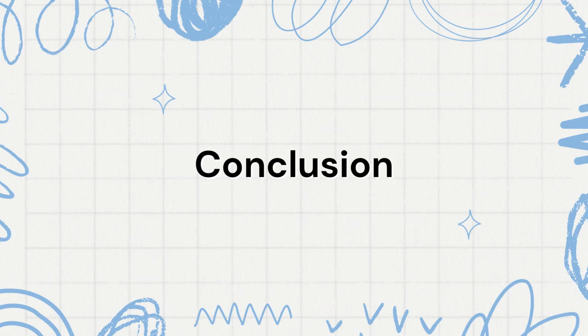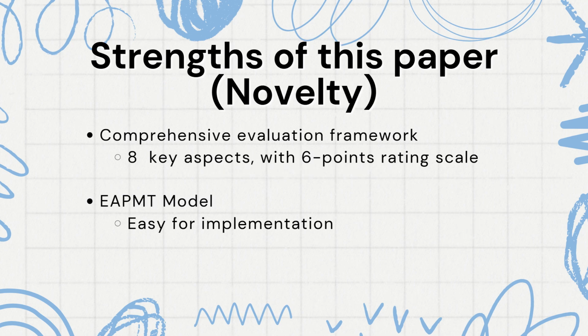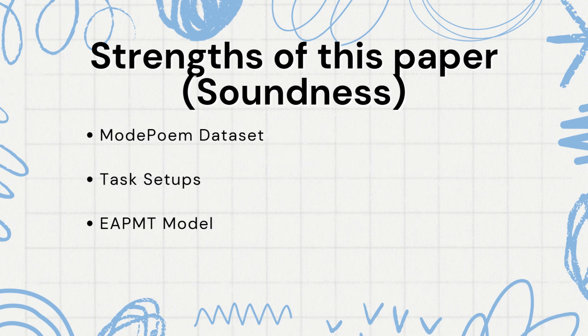To summarize our thoughts on this paper, in terms of novelty, the author presents a unique scoring framework and model architecture, which is of significant importance for the study of modern poetry translation, and the method is also easy to implement. In terms of soundness, the method leverages the powerful language understanding capabilities of GPT-4, combined with expert human evaluation, making it technically robust.